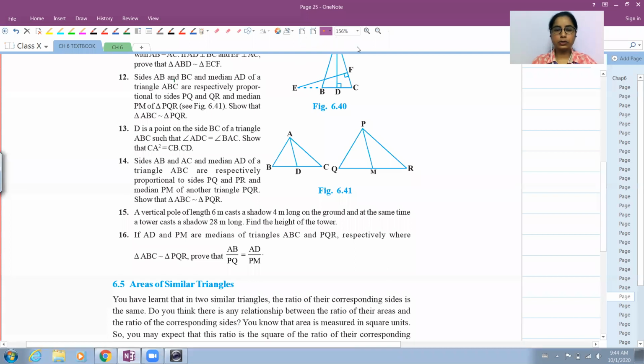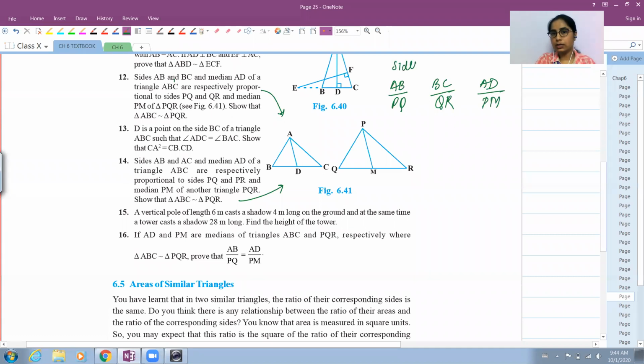If you compare this question with question number 12, I would like you to recall what the difference was between that question and this one. In question number 12, I'll be writing this down in the figure given because the figure will be the same for both the questions. In question number 12, you had the ratio of AB, BC and AD with the sides PQ, QR and the median PM.